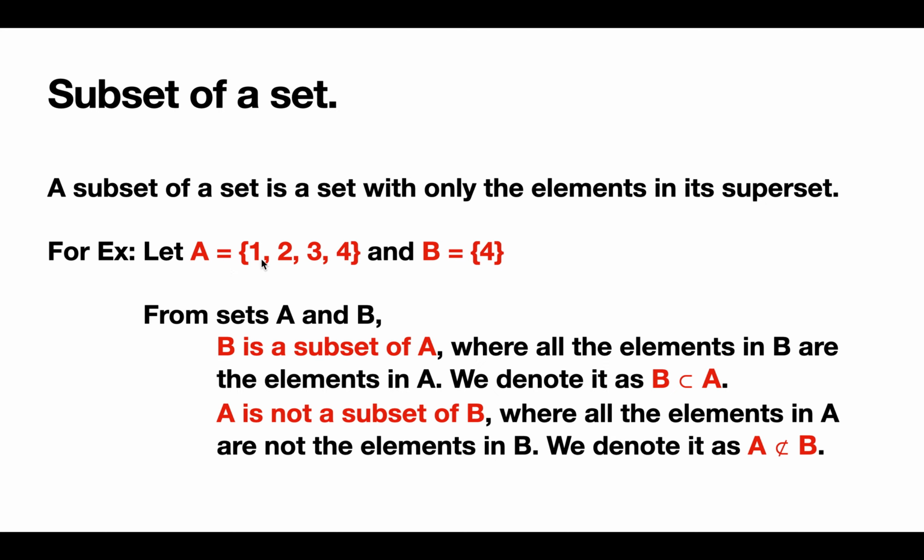If you look into it, you can see that A has elements which are not present in B, like 1, 2, and 3.